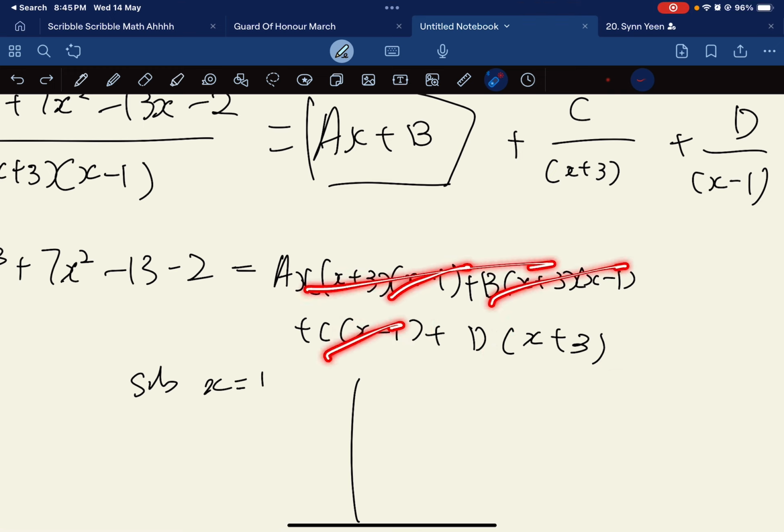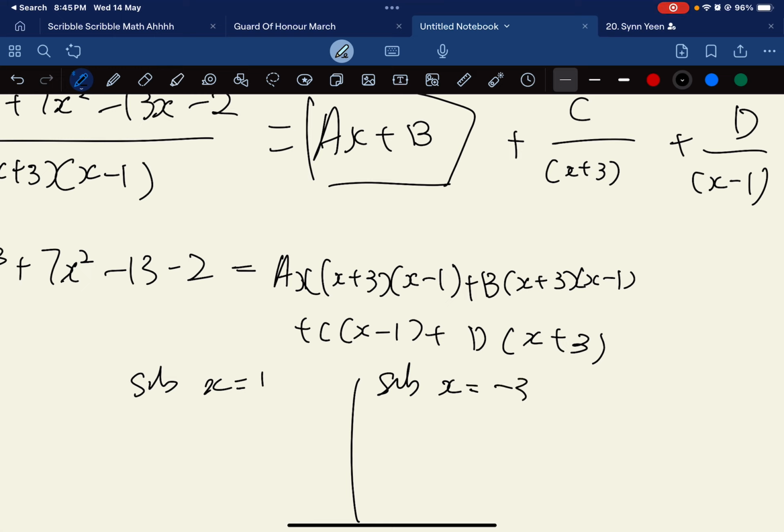So next you sub x equals to -3, so this disappears. After that, you can sub any value you like. Maybe you can sub x equals to 1.